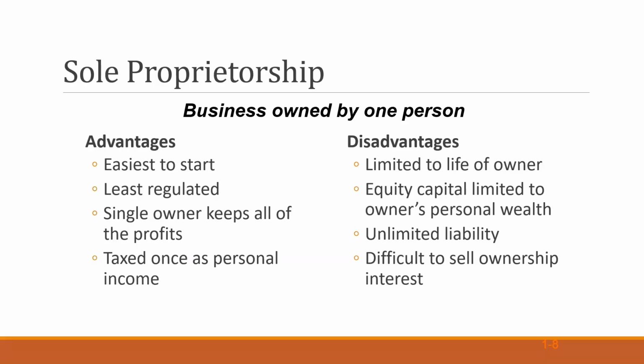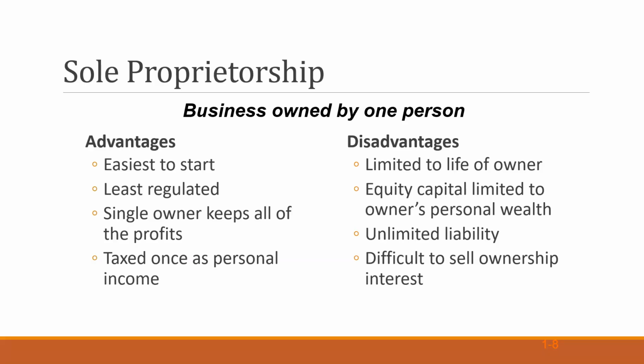The advantage of being a sole proprietorship is that they are very easy to start. In the state of Iowa, it costs about $75 to file the paperwork with the state and $200 to get a tax ID from the IRS.